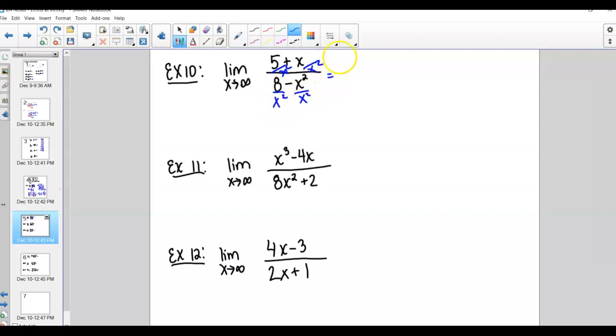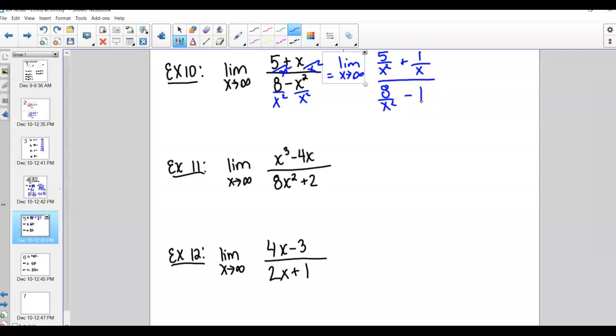And so what that will do is it will give us the limit as x approaches infinity of 5 over x squared plus, one of the x's will cancel here. We'll have 1 over x over 8 over x squared minus 1.